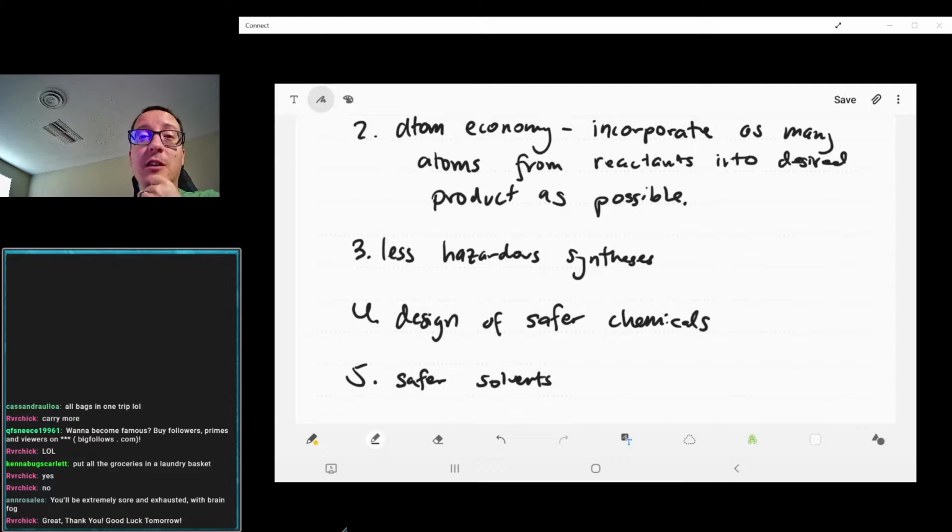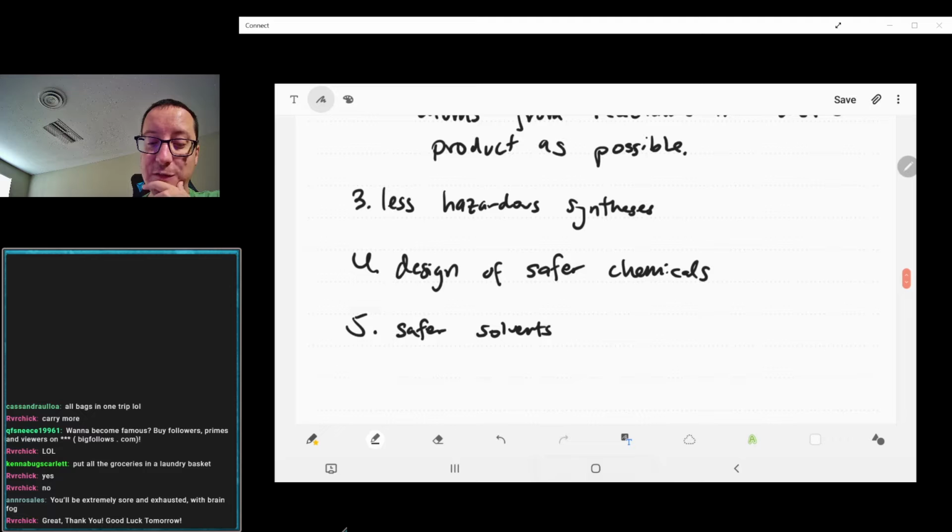Some solvents are also extremely toxic, like benzene, which is highly carcinogenic. Dimethylformamide is also carcinogenic, and DMSO will drag things through your skin. So we want to avoid using more toxic or explosive solvents when we can. Using water as a solvent, if possible, is a great idea. Water is a very safe solvent to use.